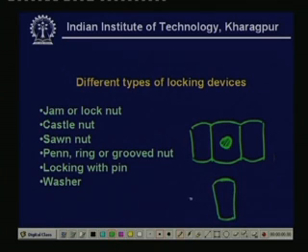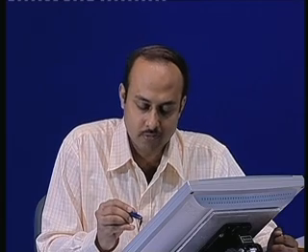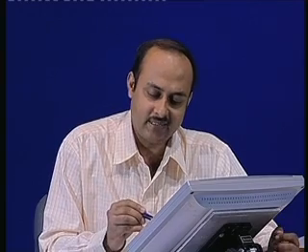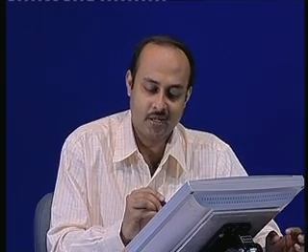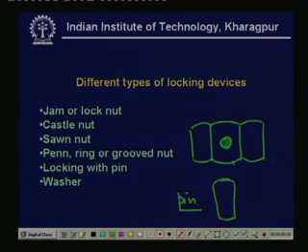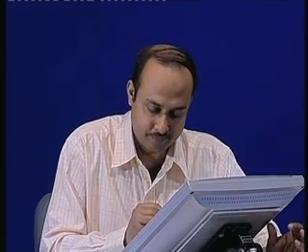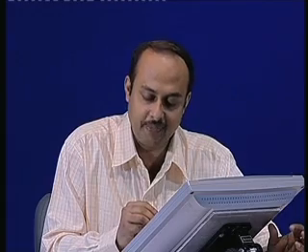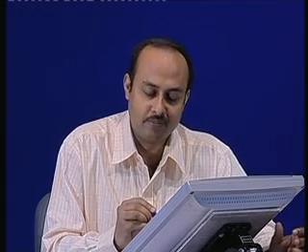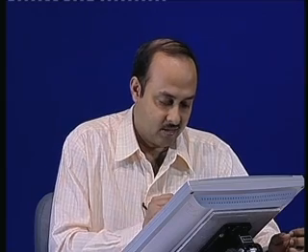So, this is the taper pin inserted. Now, we have already discussed how to design the pin joints. Now, this is the same kind of tapered pin used to connect nut and the bolt. That is, we give some arrangement here with the pin, so that there is no relative movement between the nut and the bolt. So, this is locking with pin.